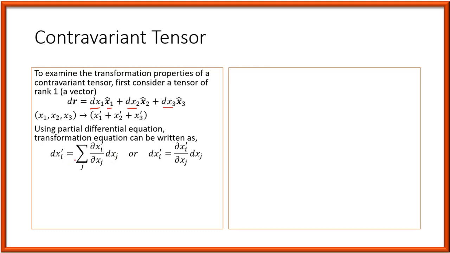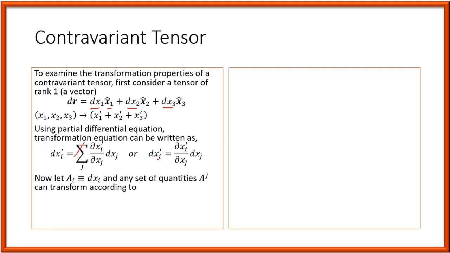Now using Einstein's summation convention, we can get rid of this summation symbol, because when we have two indices repeated, the summation is implied. So we can write dxi dash is equal to dou xi dash divided by dou xj into dxj.